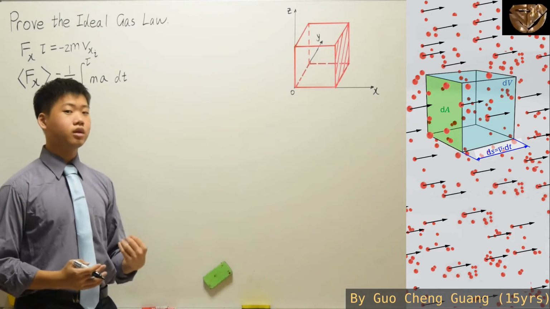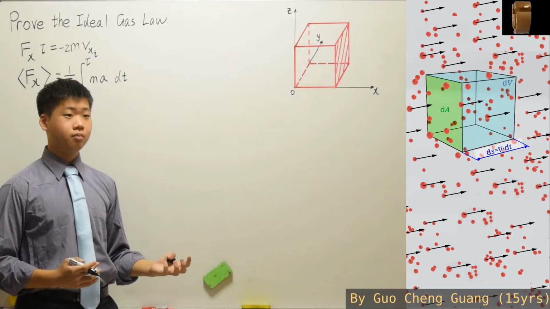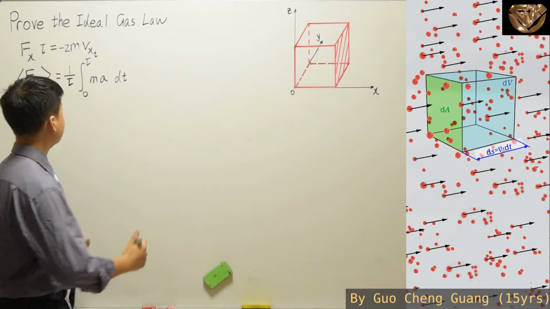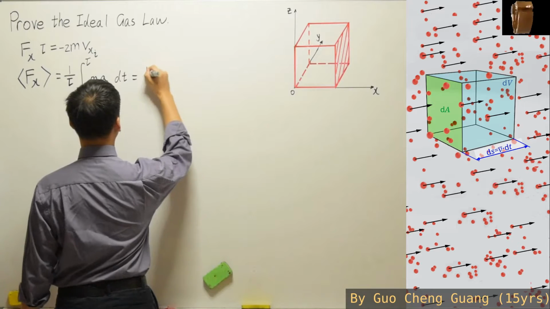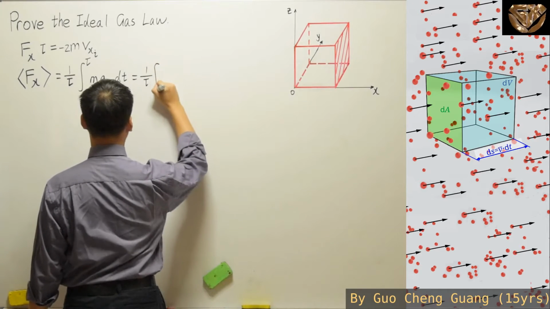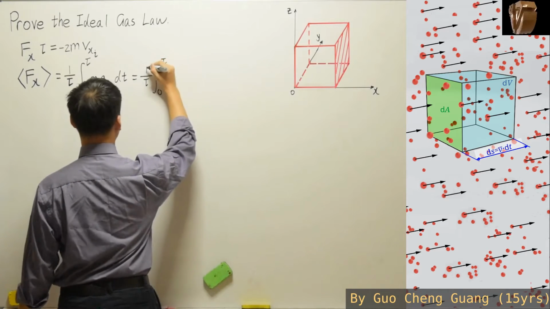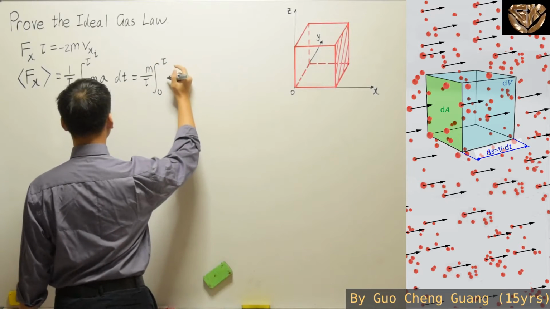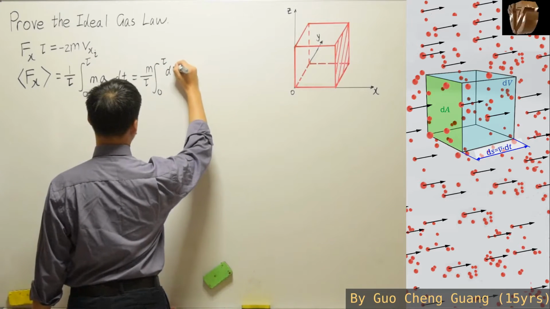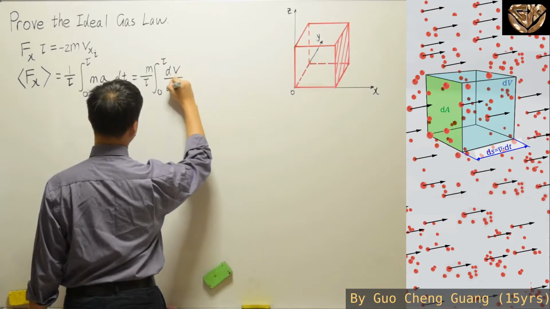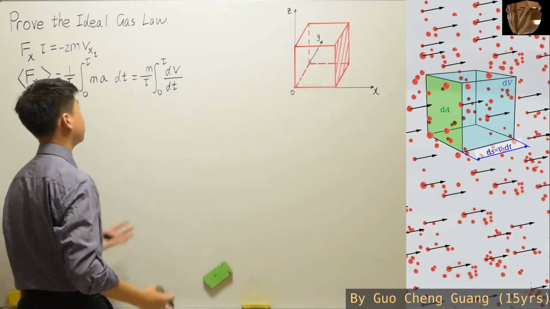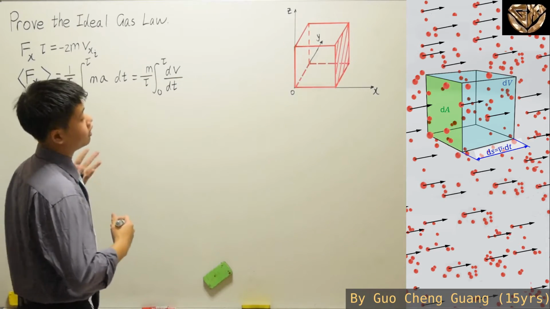Yes, you can change it into the second derivative of your x, but what would that do for you? So how about let's take a look at its first derivative. Now what is that going to do either? So if you change it into first derivative, well of course m, you could also take it out. So first derivative, that means dv over dt. But what v are we looking at right now?